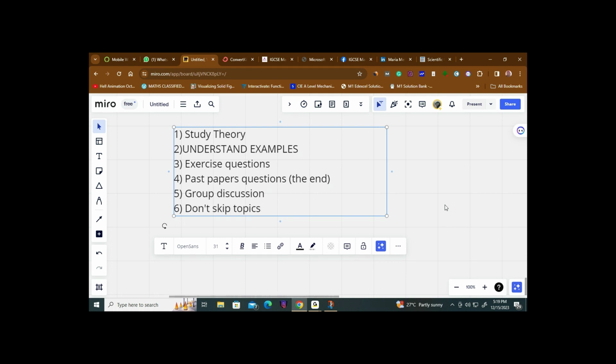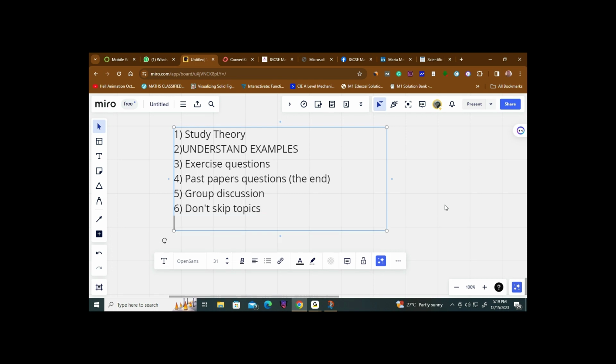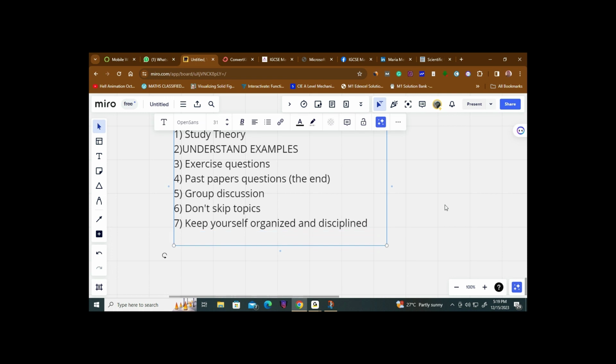The last thing is that always try to organize yourself. Keep yourself organized and disciplined. Try to give at least 4 days in a week for math practice.